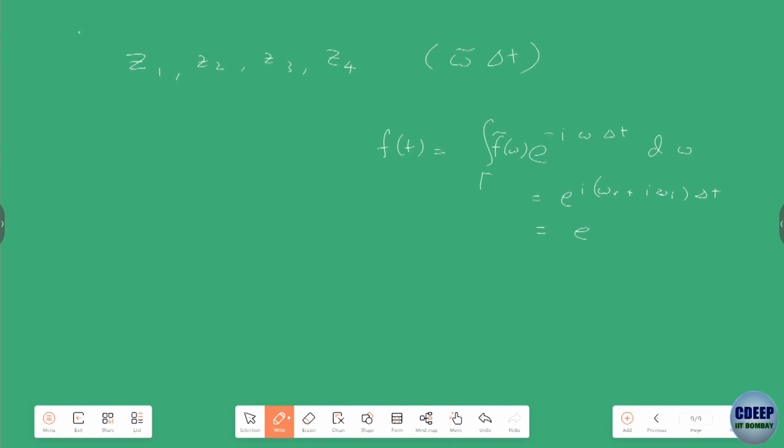So there was a minus there. So that becomes minus omega r delta t times e to the power minus minus plus omega i delta t, minus into minus 1, so plus 1. So you're right. So omega i negative is decaying. So it's a decaying solution, but you don't even want that.